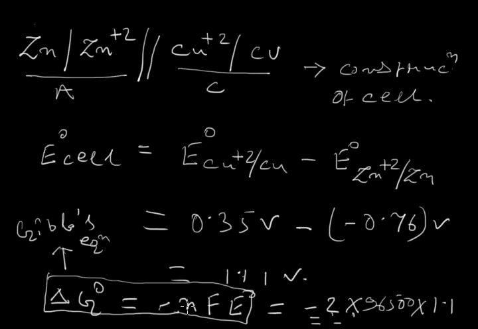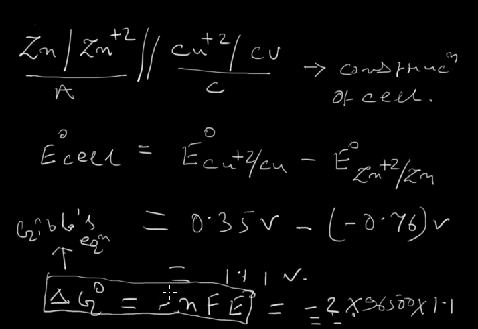Here it is 2 because zinc removes 2 electrons to form Zn+2 and Cu+2 takes 2 electrons to form Cu, and F is 96500, E0 is 1.11, and this value is negative. Negative value indicates the reaction is spontaneous and the cell is possible.